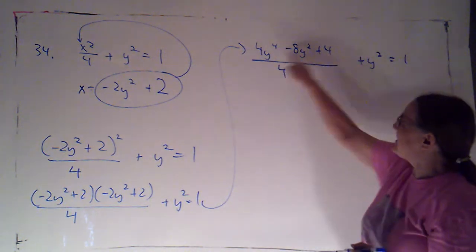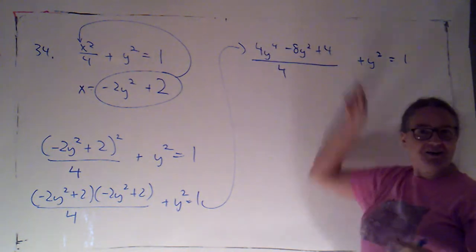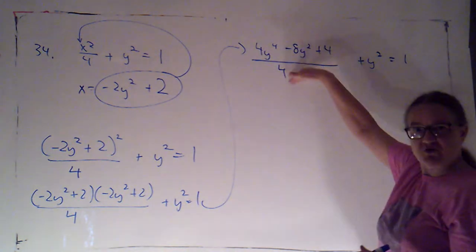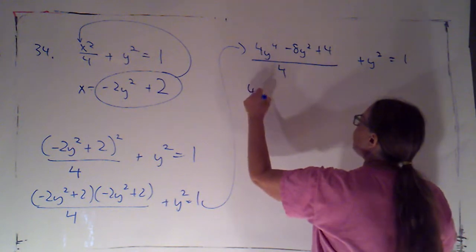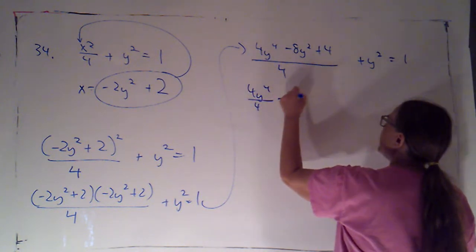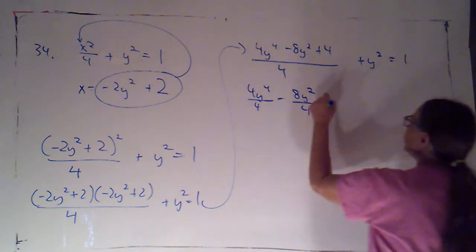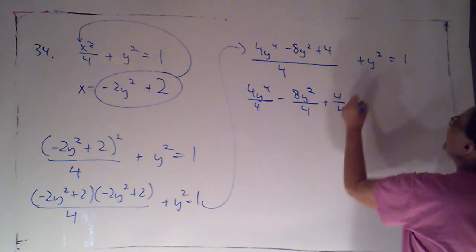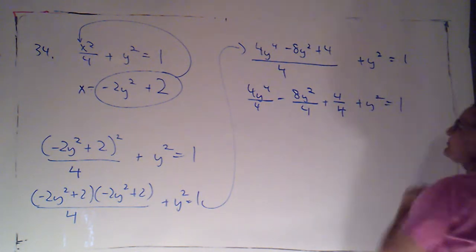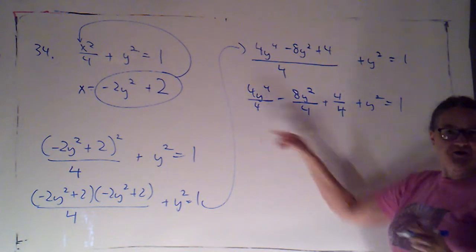Now it's kind of nice that each of these coefficients here is a multiple of 4. I'm just going to distribute that division. So I've got 4y to the fourth over 4, minus 8y squared over 4 plus 4 over 4 plus y squared equals 1. And all of these 4's are going to cancel now.